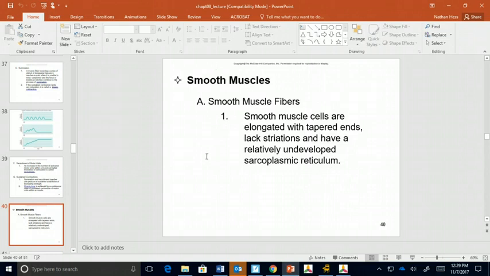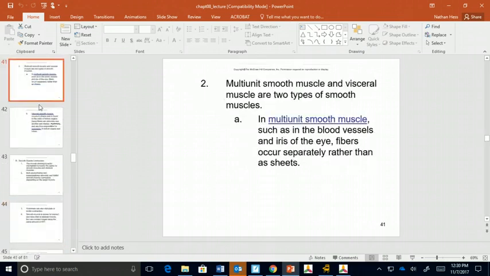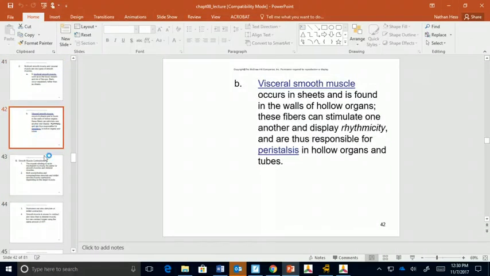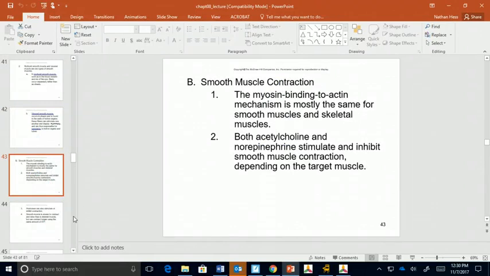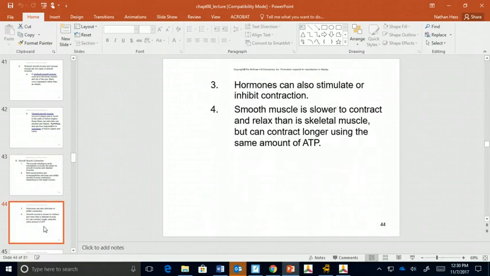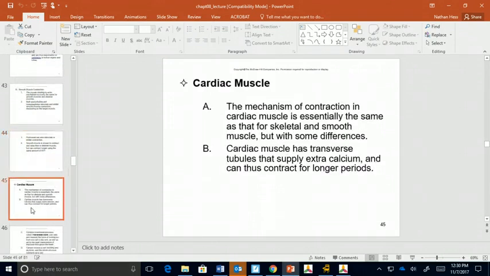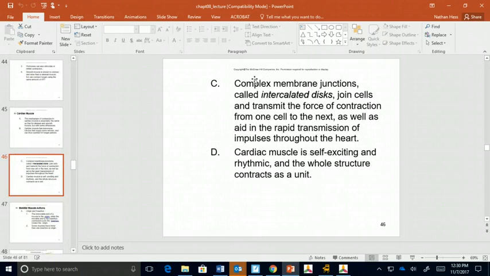On the study guide, at the very top, it talked about smooth muscles and cardiac muscles, some differences between them. In the PowerPoint, there are some slides here that talk about smooth muscles and what they look like and how they contract. You're welcome to check those out. The point simply is that I want you to know the differences, that smooth muscles are not striated, they are not voluntary, that cardiac muscles have the striations, but they also have these intercalated discs, and these guys can contract for longer periods of time with much less rest.